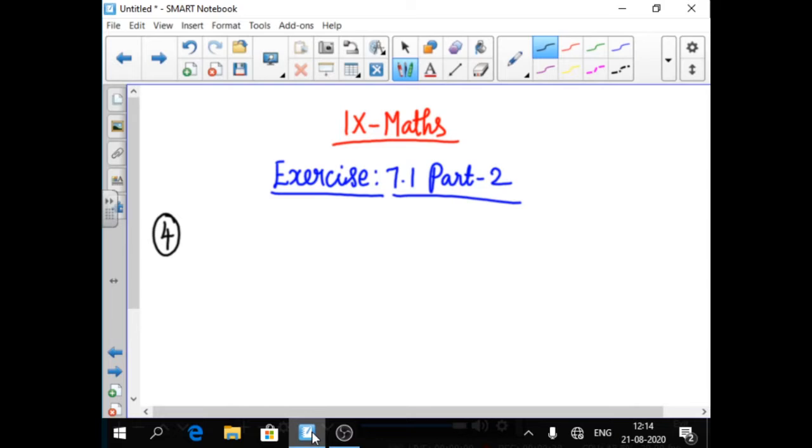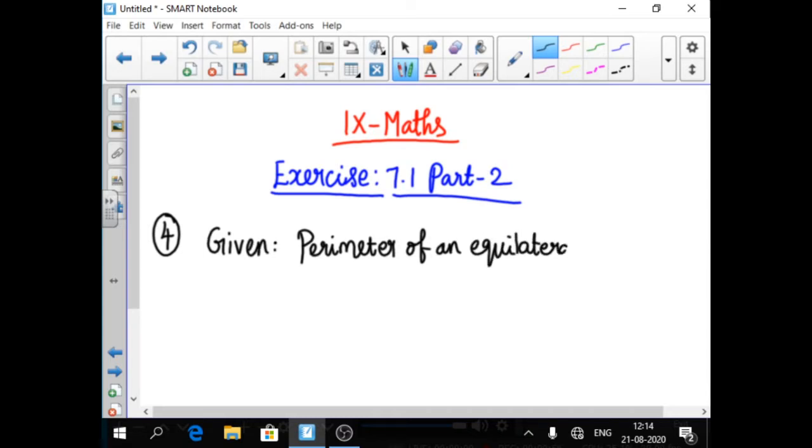Okay. So the given is, perimeter of an equilateral triangle is equal to 180 centimeter.